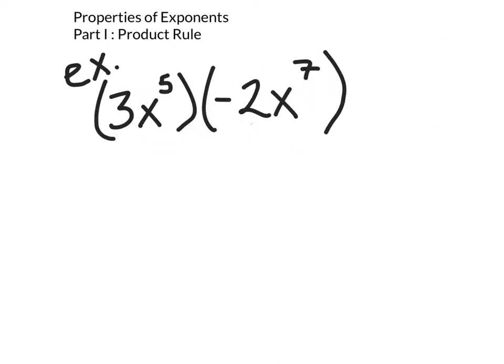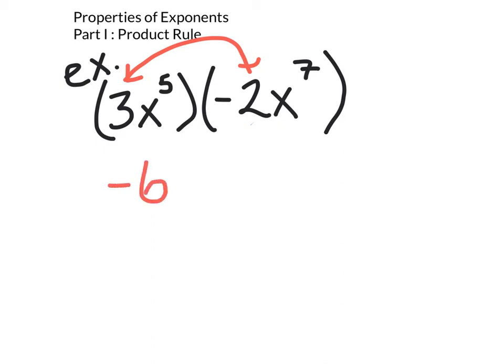Okay, so my first example is a very typical product rule where I have the quantity 3x to the 5th times negative 2x to the 7th. I've got 2 things going on here. The first thing is I have just a simple product, so I'm going to multiply the coefficients together. I've got the 3 and the negative 2. Those are going to multiply together to become a negative 6.